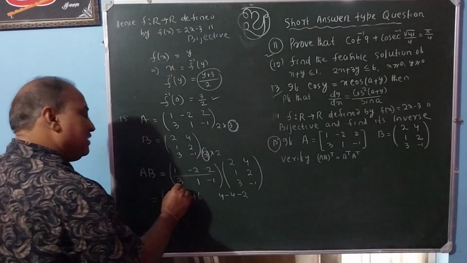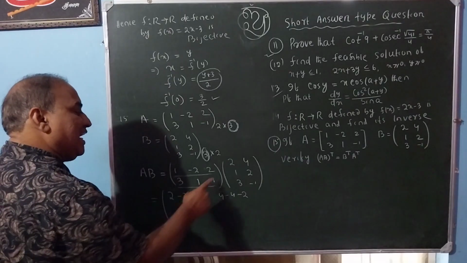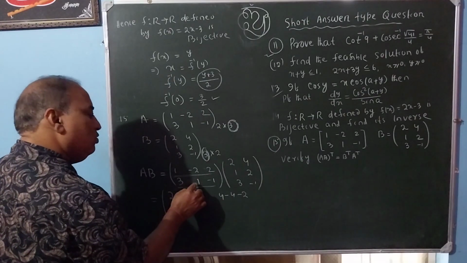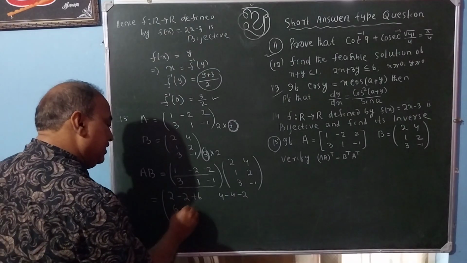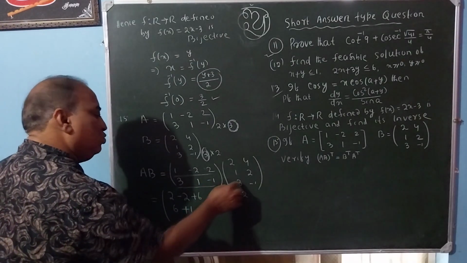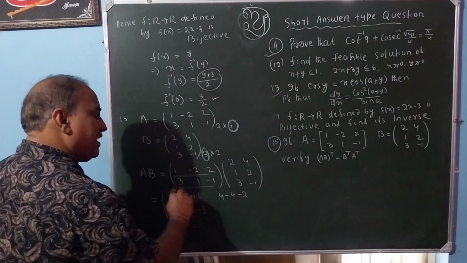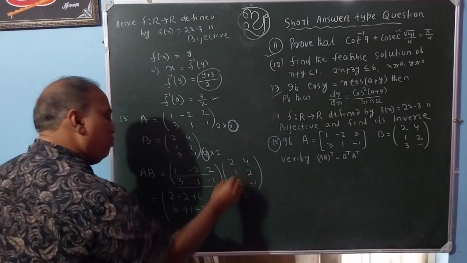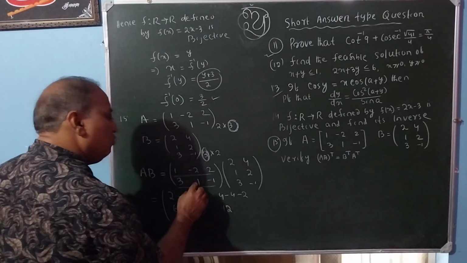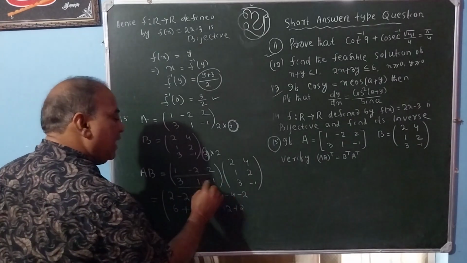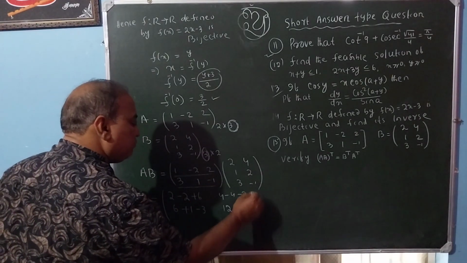Next we have to multiply the second row with the first column, 3 into 2, it is 6, 1 into 1, here it is 1, minus 1 into 3, that is minus 3. Then second row with second column, 3 into 4, it is 12, 1 into 2, it is 2, minus 1 into minus 1, minus into minus is plus 1.